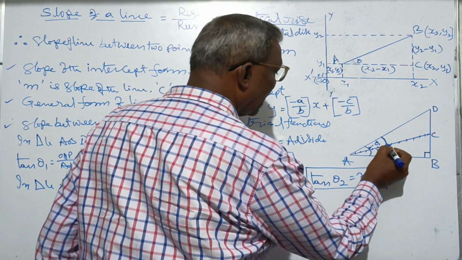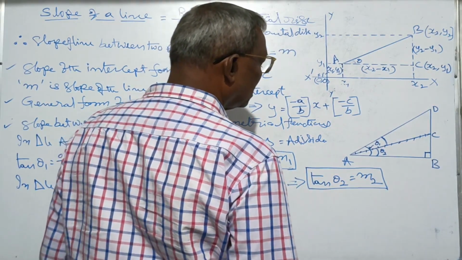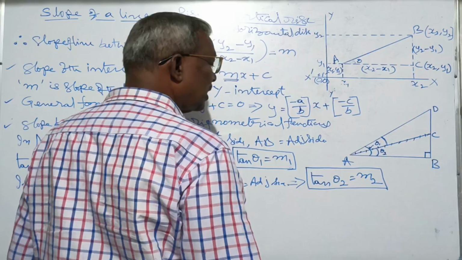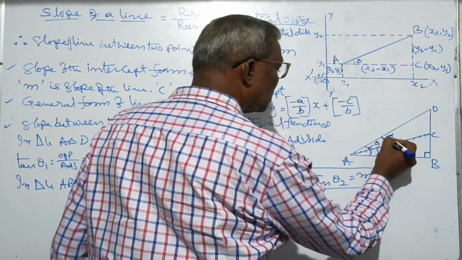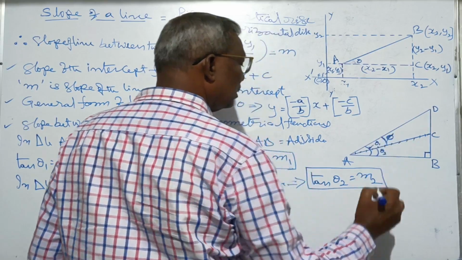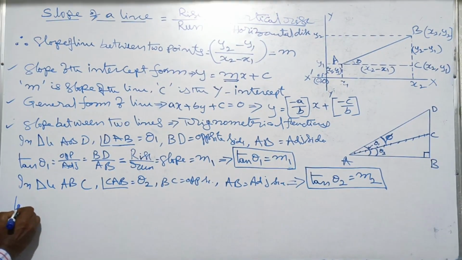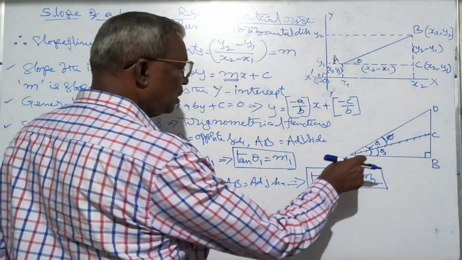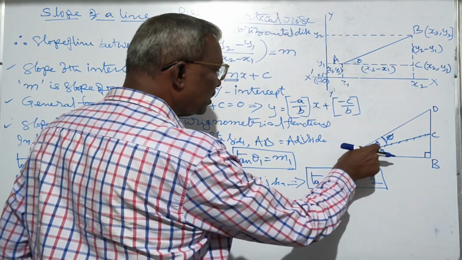The difference between the two angles, I can say is phi. Phi is equal to angle theta 1 minus angle theta 2.